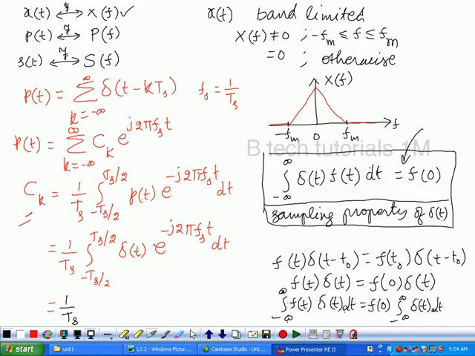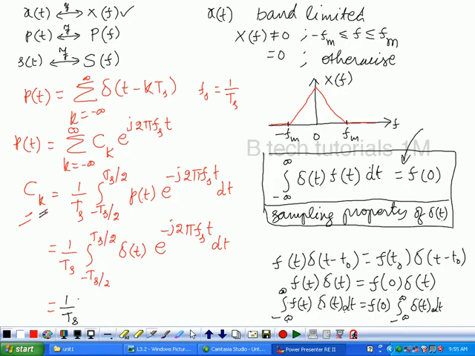Delta of t is non-zero at t equivalent to 0. In the integral from minus Ts by 2 to plus Ts by 2, t equivalent to 0 is included. Therefore, this integral evaluates to 1, so this is 1 by Ts. Understood?